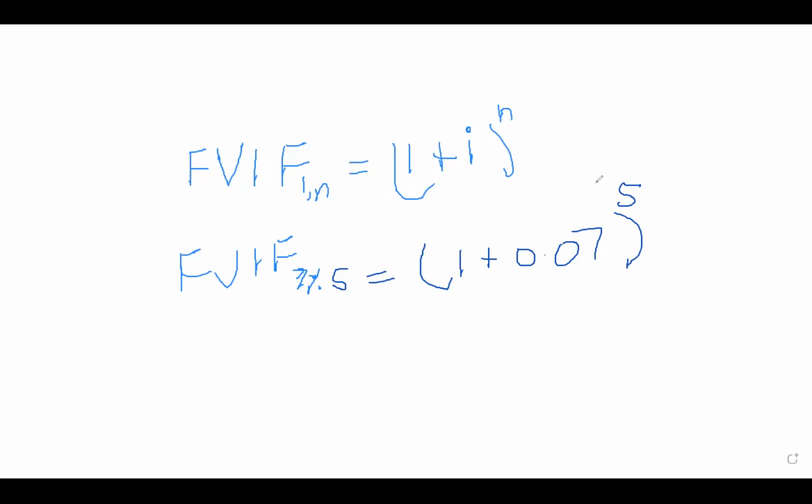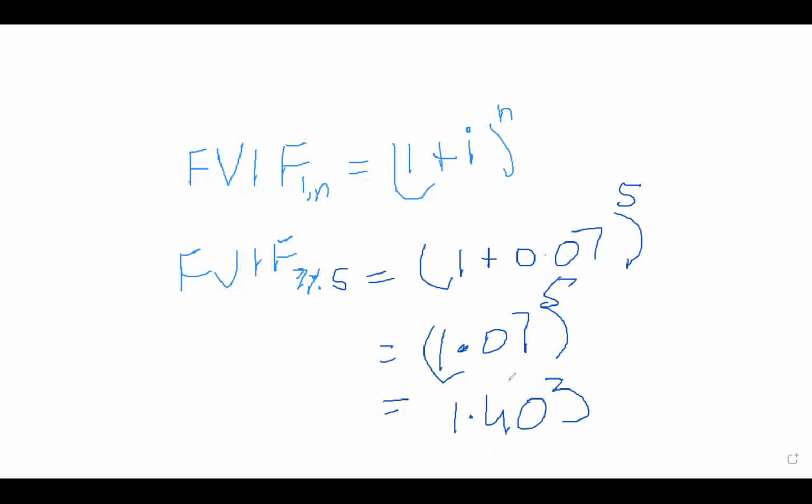Let me calculate this. This is 1.07 raised to power 5. If you take the power of 1.07, the value would be 1.403, and in this way you can calculate the future value interest factor.